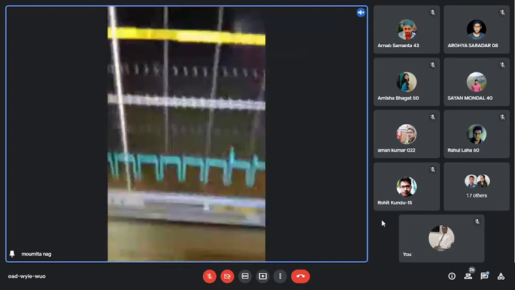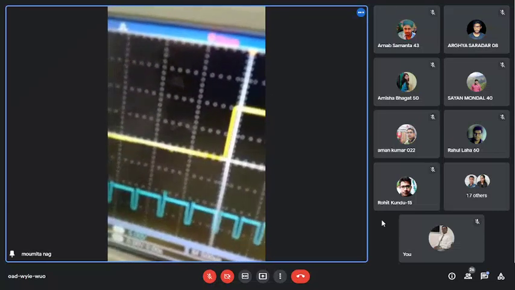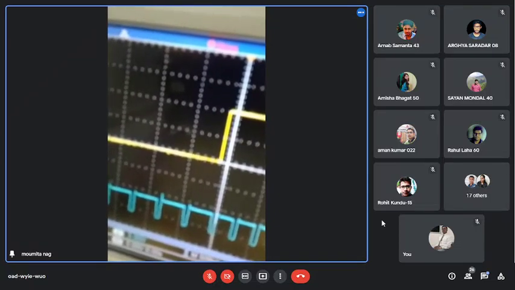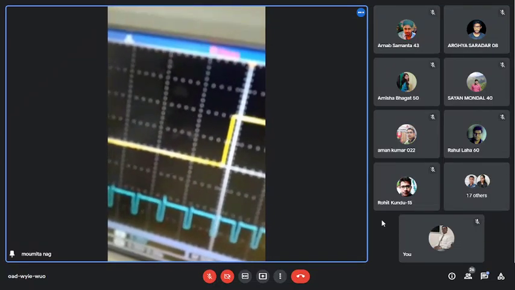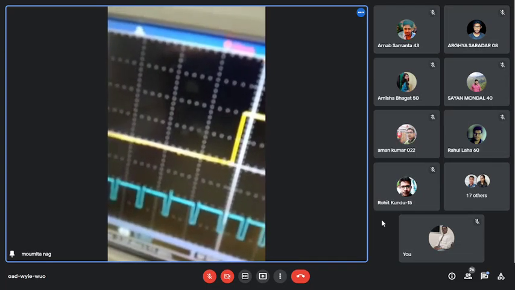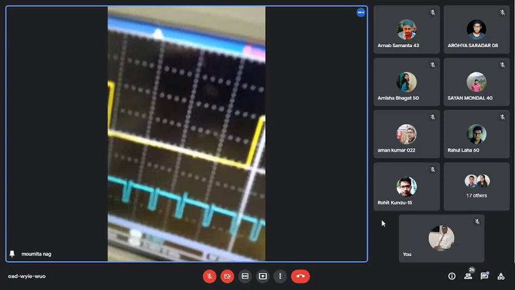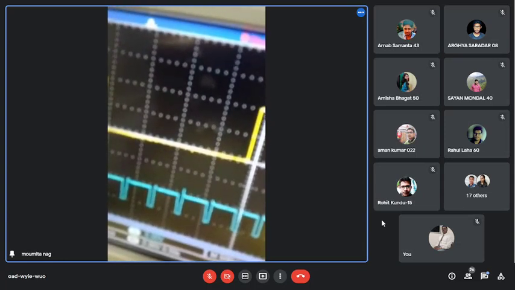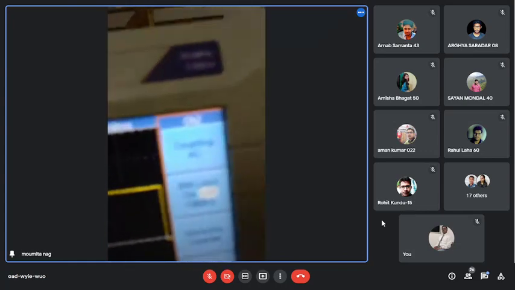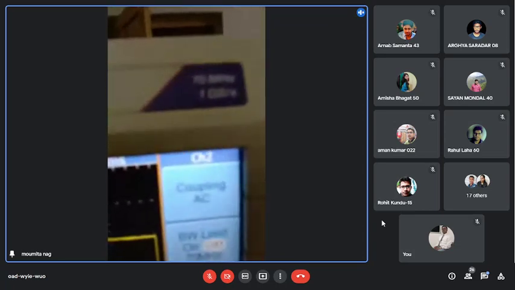Now calculate the frequency of the signal. Time per division is 500 microsecond.